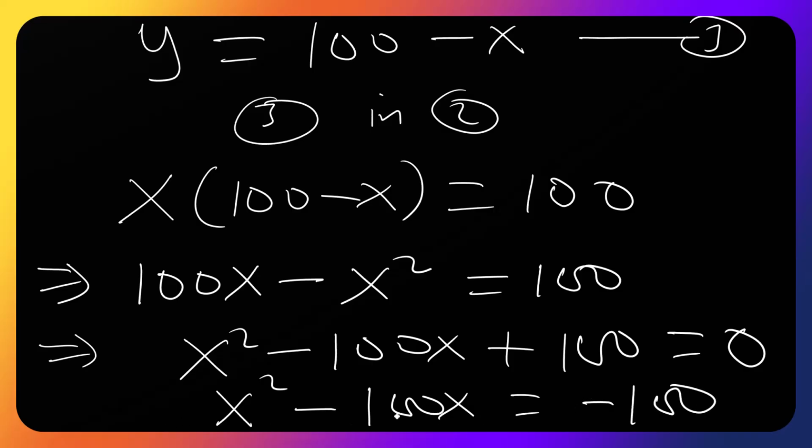Now let's take half of the coefficient of x, so that will be half of minus 100, squared. So that will be minus 50 squared.